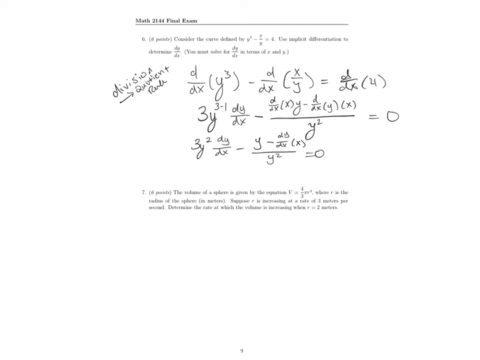In order to solve this problem, now we need to get all of our dy/dx's to one side. All of the things that are not dy/dx, such as the term here with just the y, we want to move to the other side.